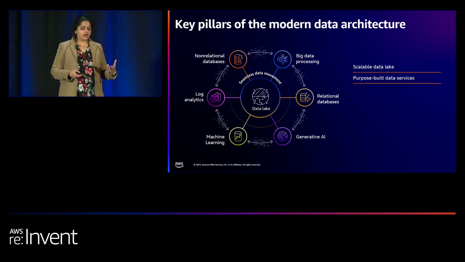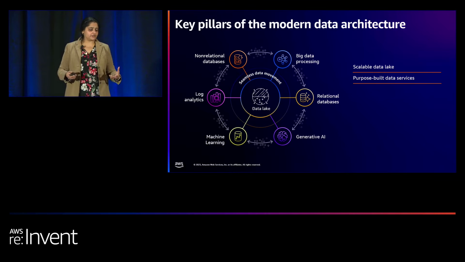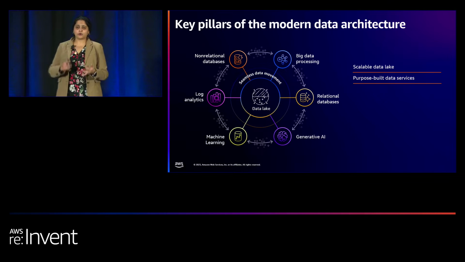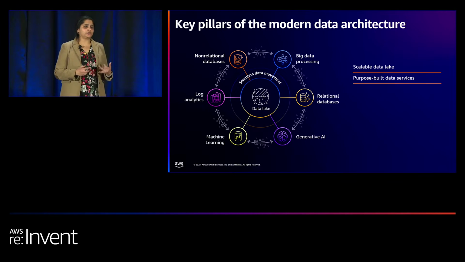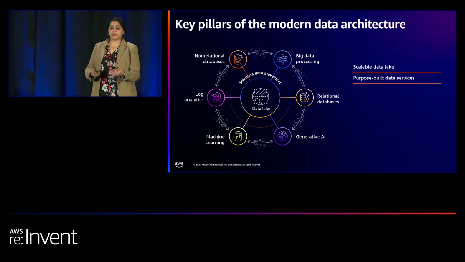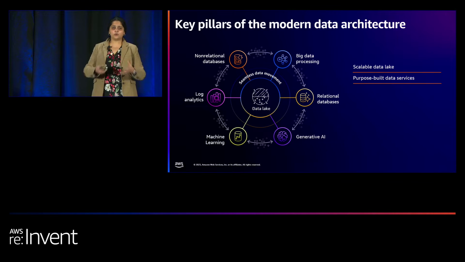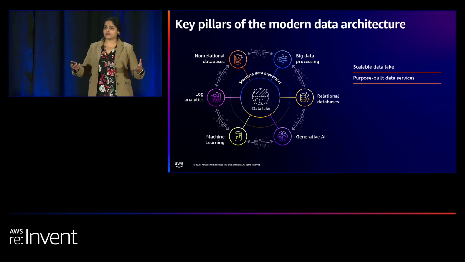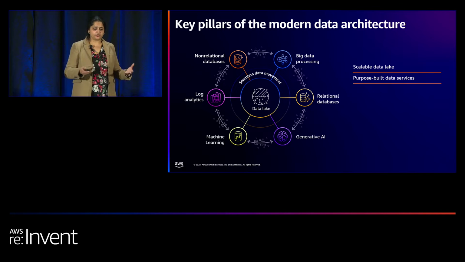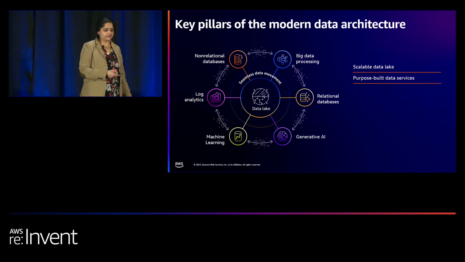And you want purpose-built data lake services, as you can see around that circle. Whether it's your data scientist who needs access to SageMaker, or your business analyst who needs access to a relational database, or maybe you have a business user who wants QuickSight dashboards. So you want access to all these different services.